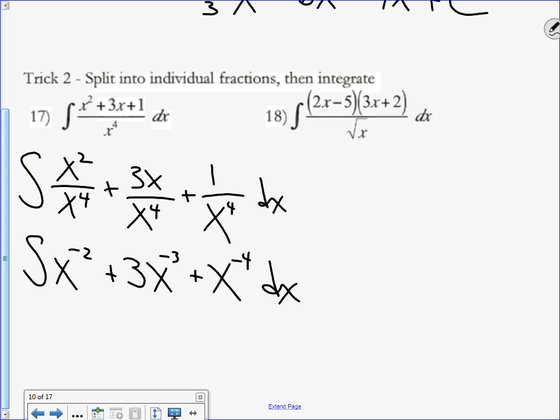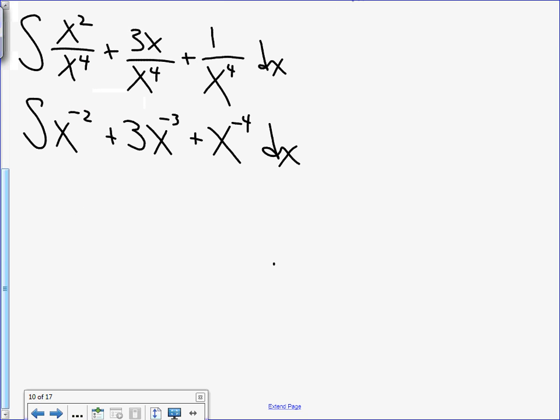So with this division, we had to break it up and simplify. Now we can go ahead and get the antiderivative. We had to do all that prep work. What's the antiderivative of x to the negative 2? It is negative 1 over x. Negative x to the negative 1. What is negative 1 over x? What about the next one?